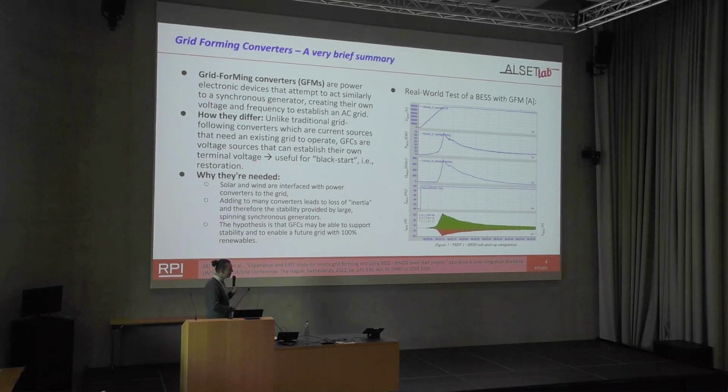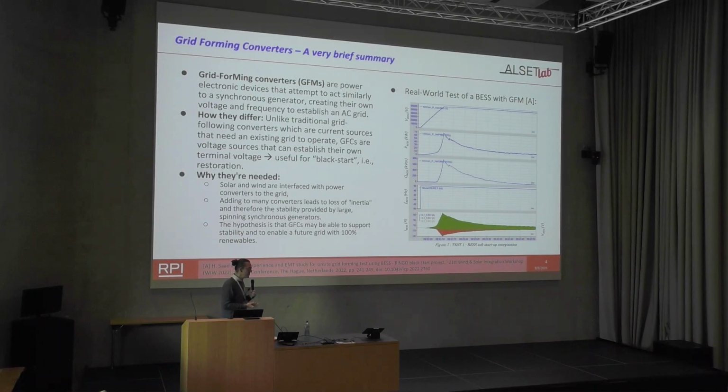Just so that you get the idea why this is becoming popular: this way of controlling the converter is an attempt to make it act like an actual synchronous generator, like a conventional generator.